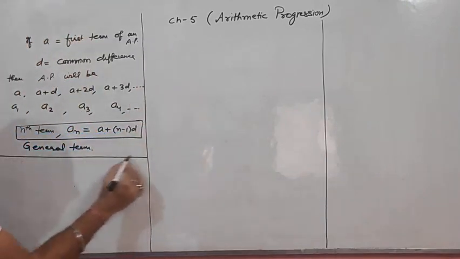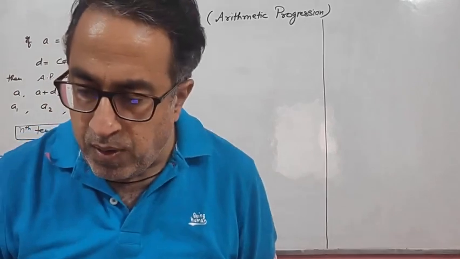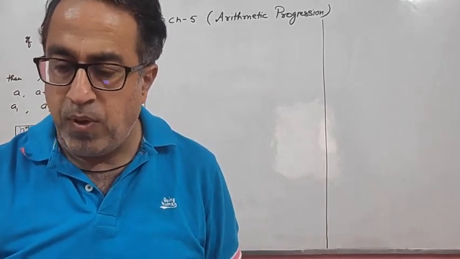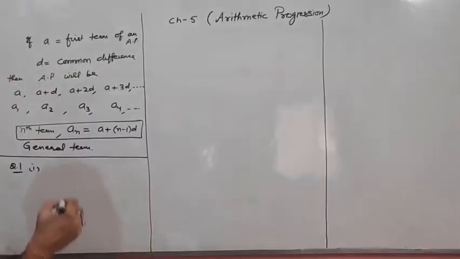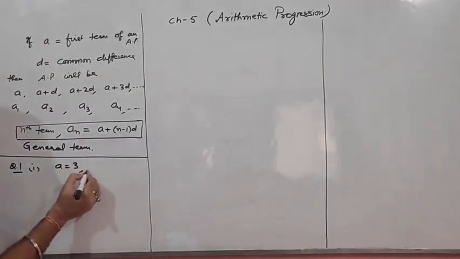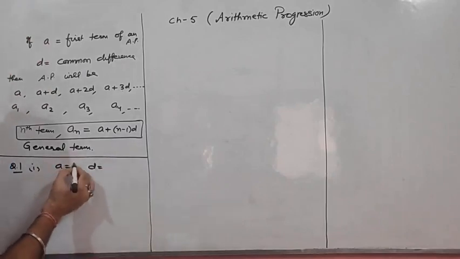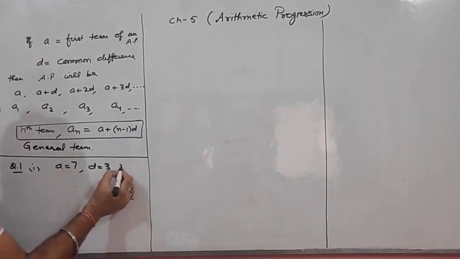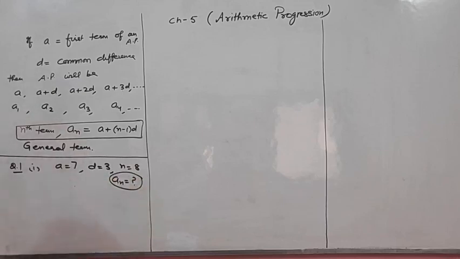In the first part, what is given to us: A is 7, D is 3 and n is 8, and you have to find the nth term.